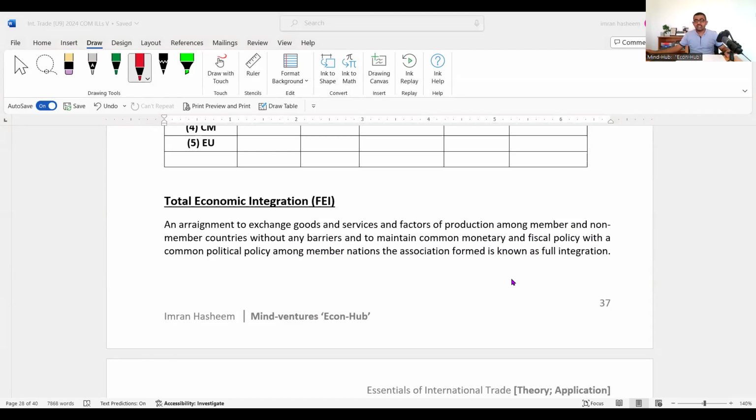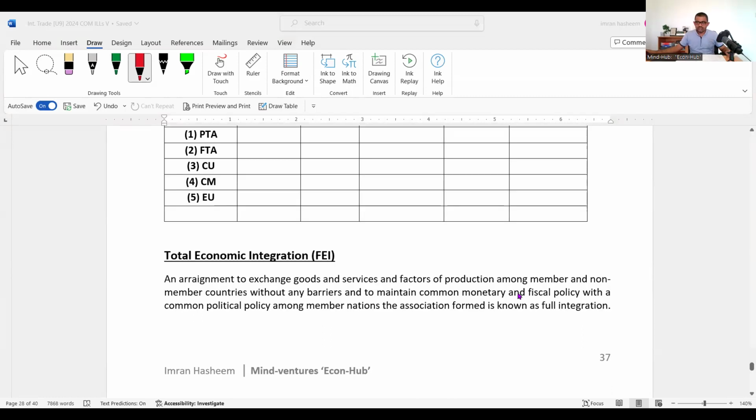Now, basically, even the currencies, even all the other policies, the entire view of the countries in the integration or the trading bloc is exactly the same, identical. Get it? The maximum possible integration is that even your currency you give up and you use a common currency.